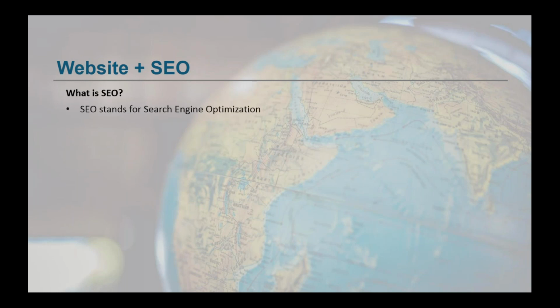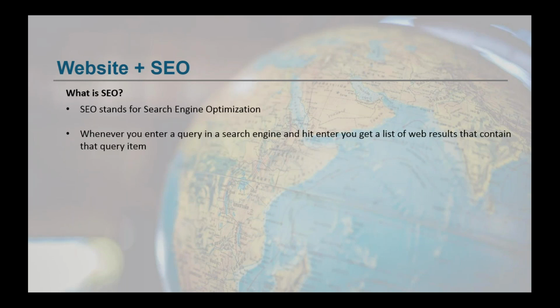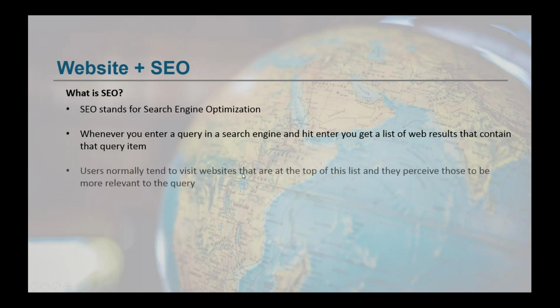So what is SEO? SEO stands for search engine optimization. Whenever you enter a search into a search engine and hit enter, you get a list of web results that contain that searched item. So users normally tend to visit websites that are at the top of the list because they perceive those to be more relevant, so either more trustworthy, more accurate, things like that.